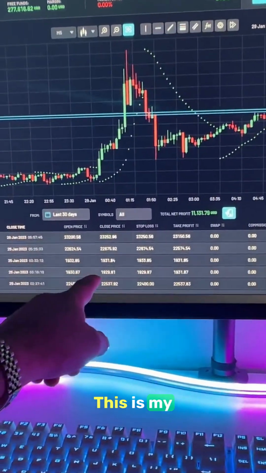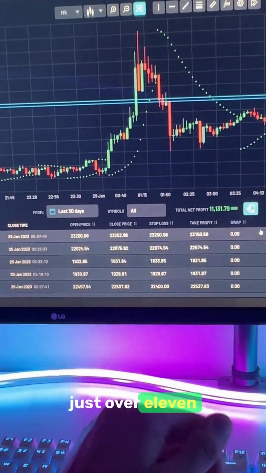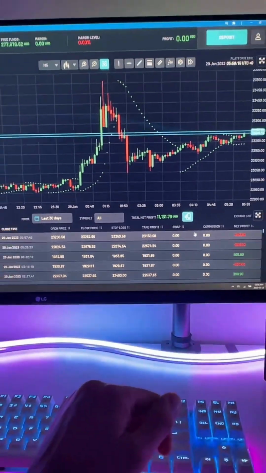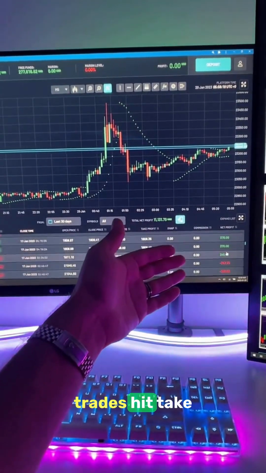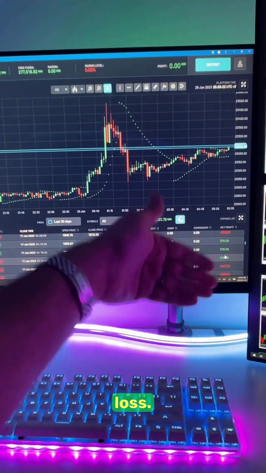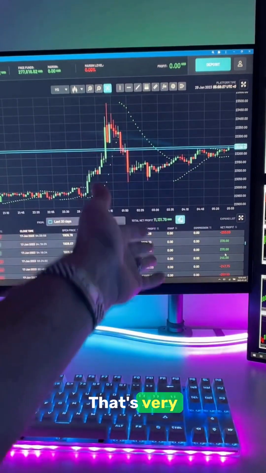So here's the thing. This is my account for the past 30 days. I'm at around just over 11K, and I'll show you guys my trades. Right here. So obviously not all of my trades hit take profit. There's a lot of trades that also hit stop loss, and that is normal. That's very, very normal.